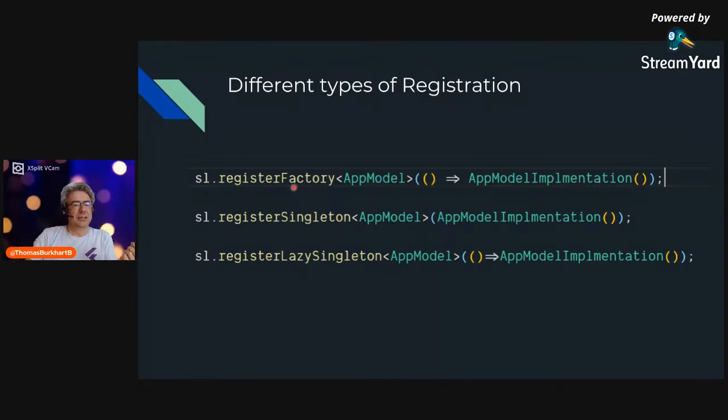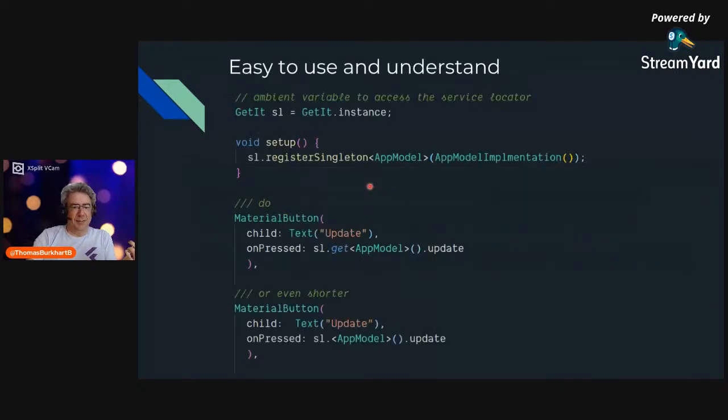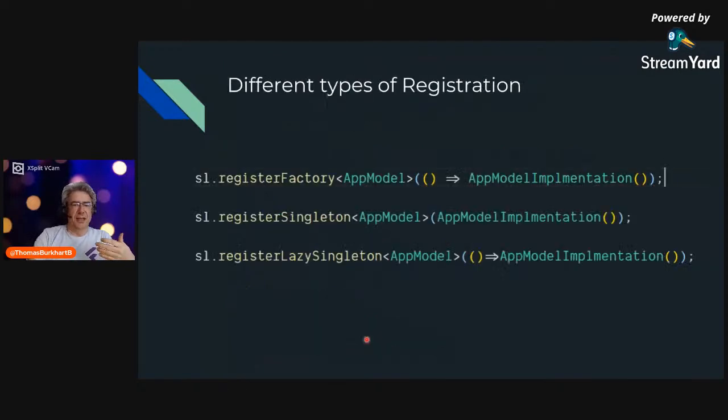With register factory, every time I do an SL with the type or a get, it will create a new instance using the factory method that I have to pass in when I register.